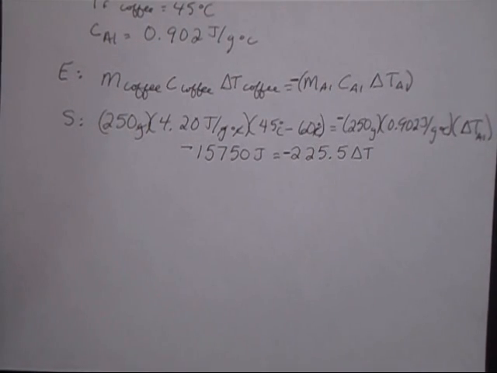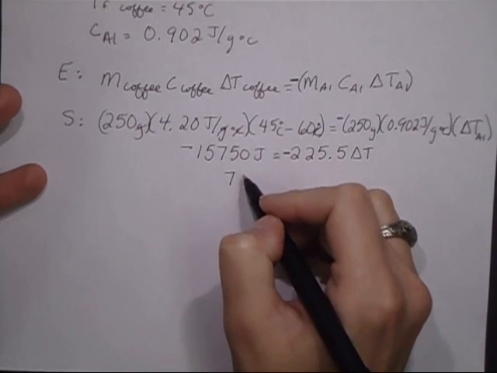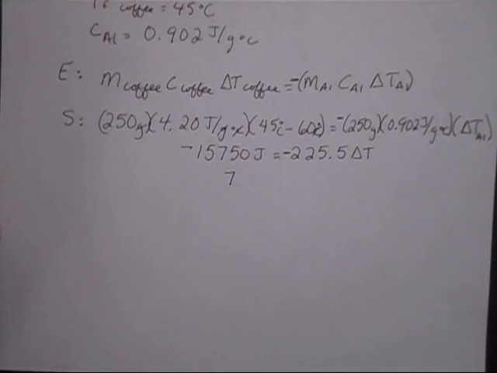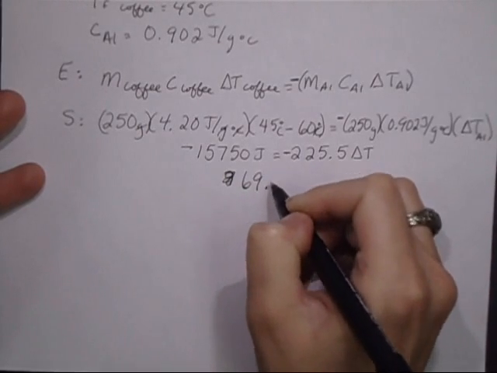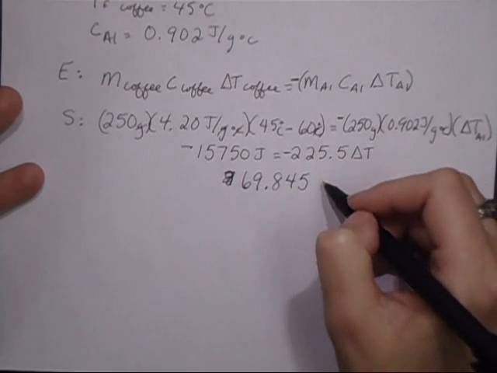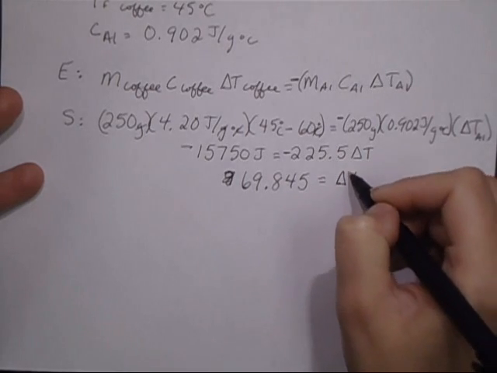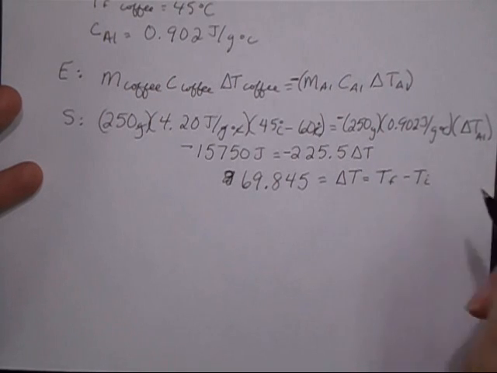So 15750 divided by 225 gives me 70. Oops, sorry. 15750 divided by 225.5. That makes things a little different. 69.845 equals delta T, which is T final minus T initial.